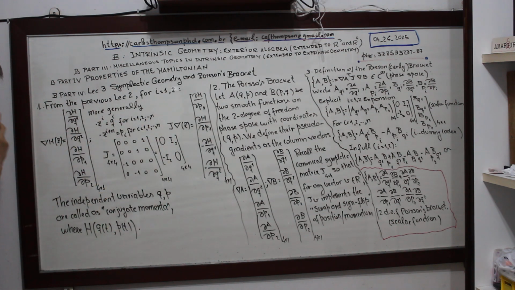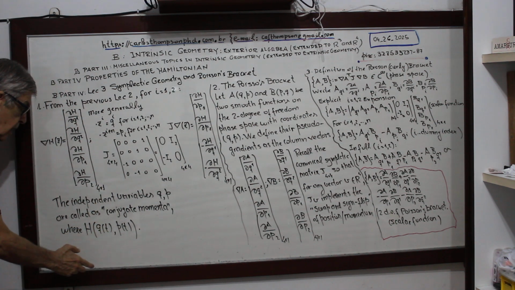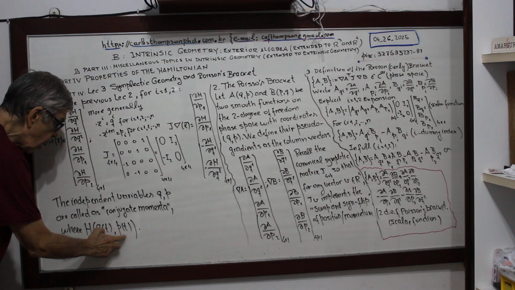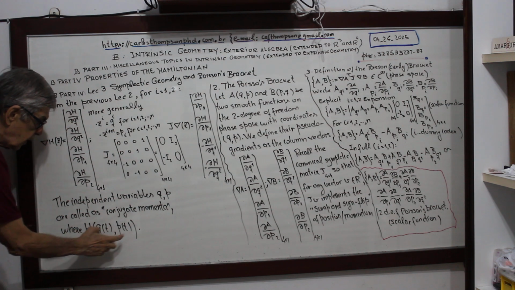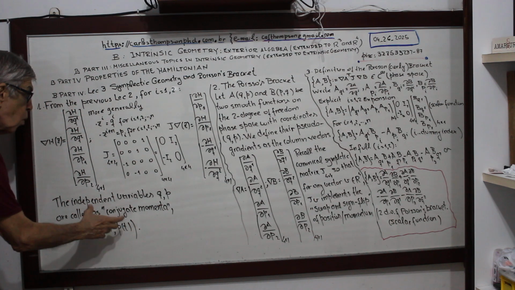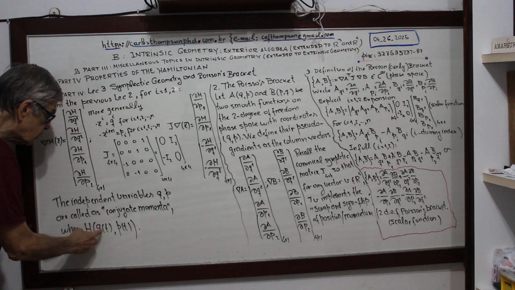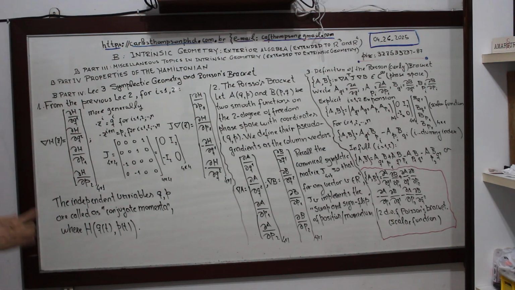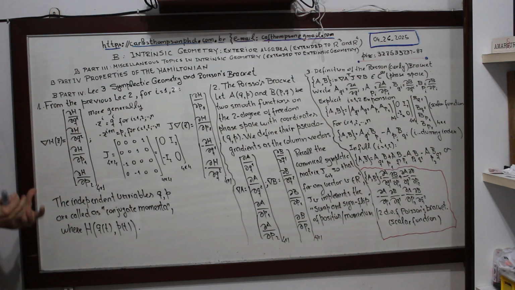And this is just to call your attention that H is a function of Q, which is a function of T, and P is also a function of T. This is the generalized coordinates, and this is momentum, P function of T. That's why we obtain Q dot and P dot. Q dot and P dot are the derivative of Q with respect to T, the time.